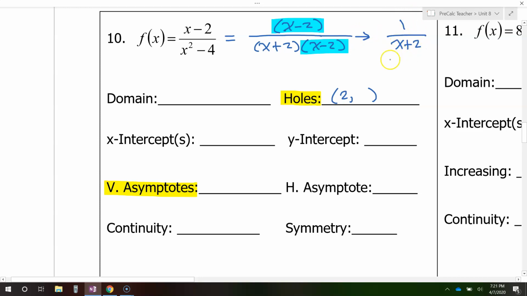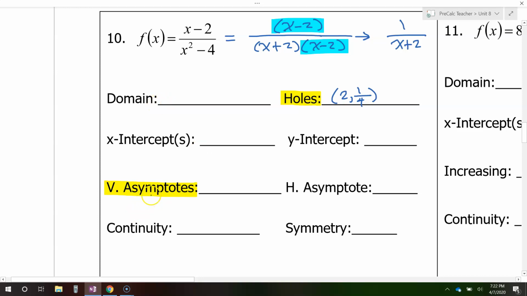And this is what we will use to figure out what the y value is. So if we plug in 2 for x, that's going to be 1 over 4. So that's why there will be a hole at 2 comma 1/4. All right, so that's going to help me with my domain in a moment.